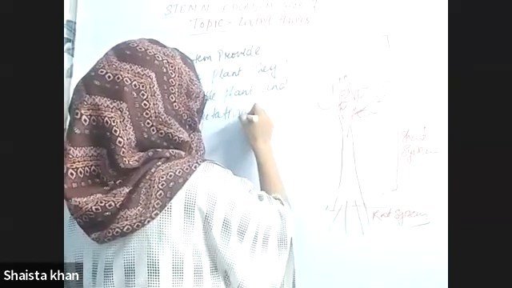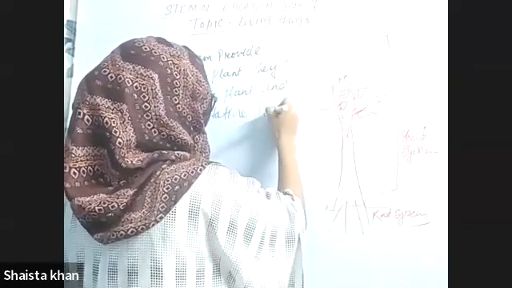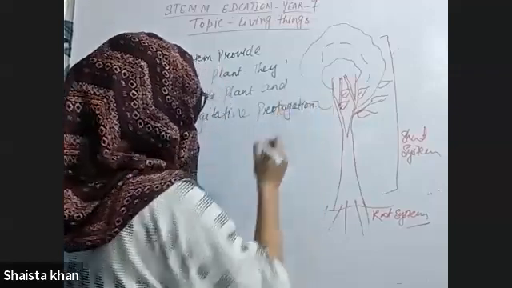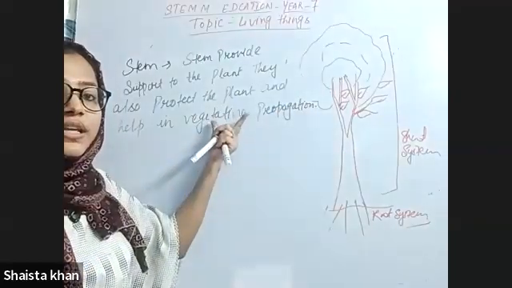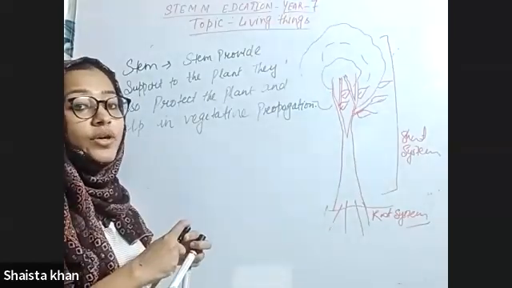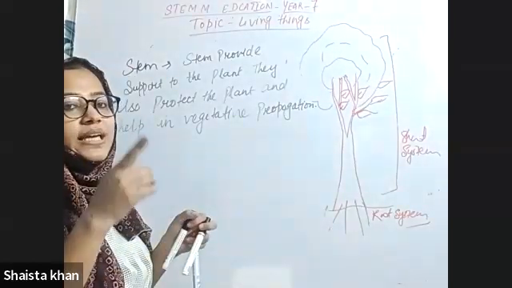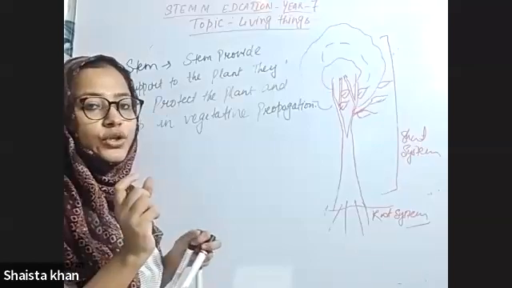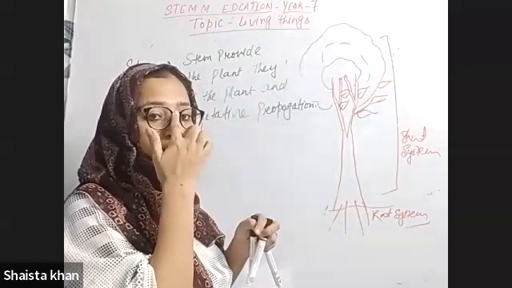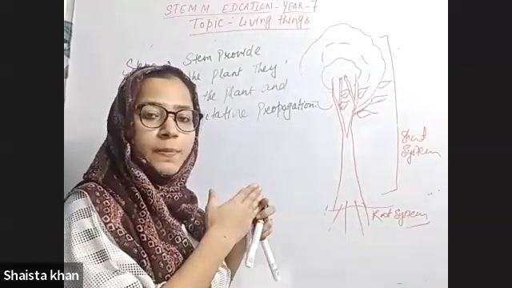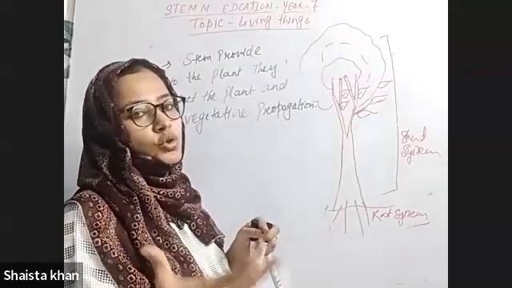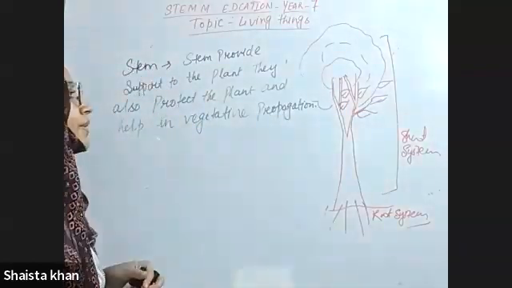Those are the same thing. It means you can grow a new plant from the stem also. For example, rose: you can cut the stem of the rose and grow another new rose plant from the stem. Fine.